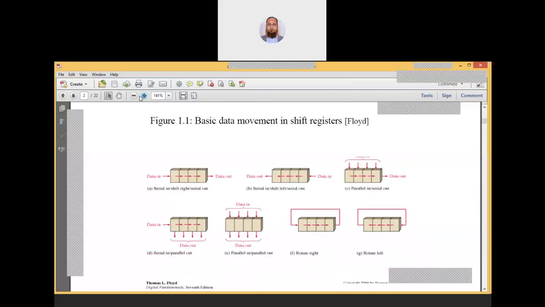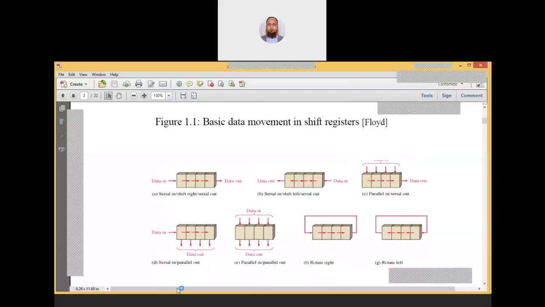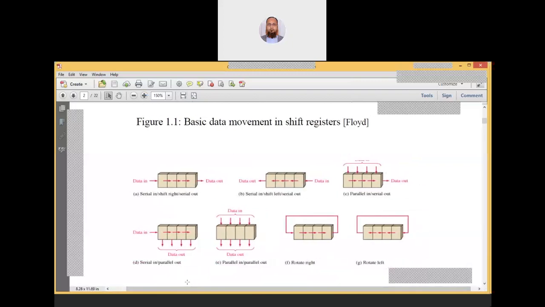Here some examples of the registers have been shown. You can see in the first one the data is going inside from here and coming outside, and internally the data is shifting like this. It seems similar to the counter as well.